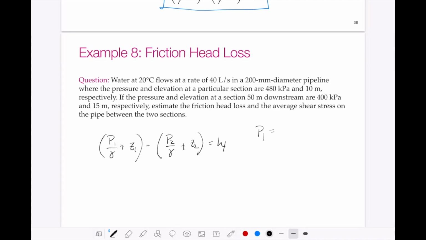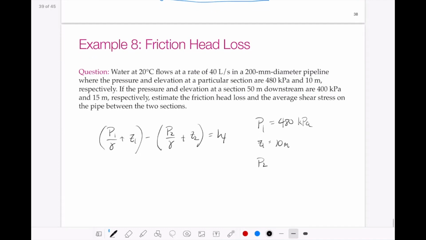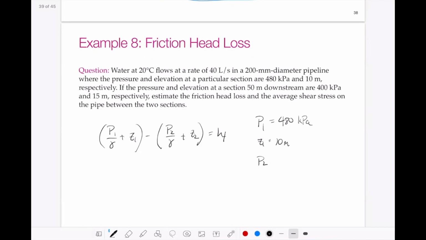P1, section 1 is 480 kPa and has an elevation 10 meters. P2 has a pressure of 400 kPa and has an elevation of, sorry, 15 meters.